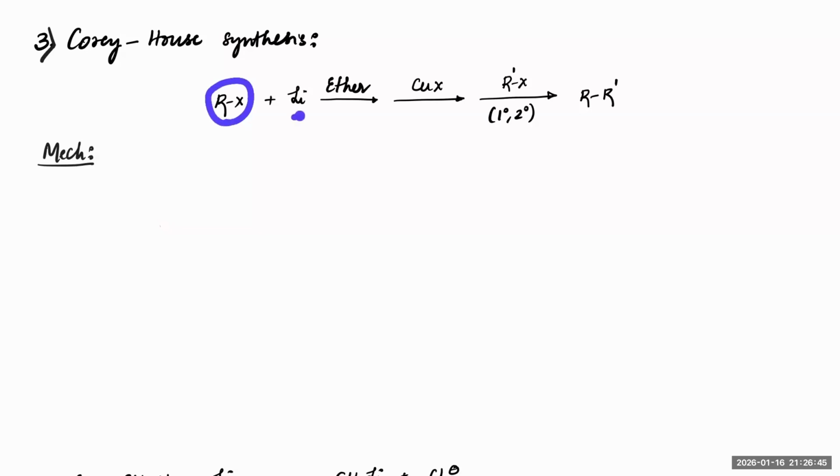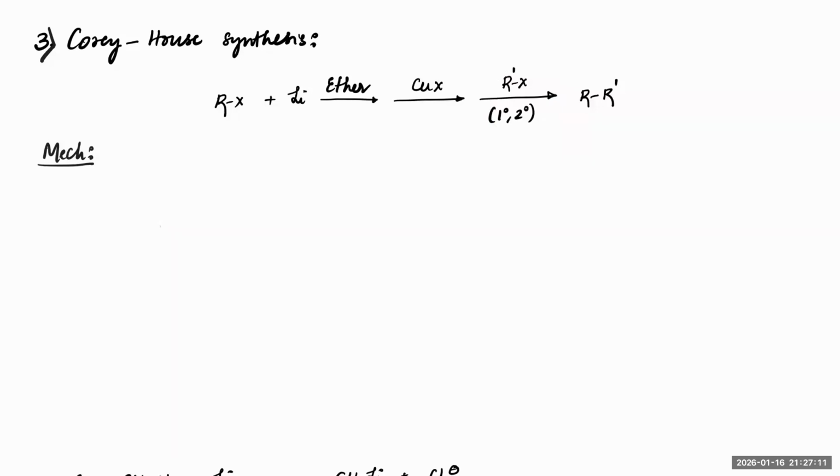So if I take alkyl halide with lithium in the presence of ether, and then add some cuprous salt, and thereafter you can react with any alkyl halide, which generally are 1 degree and 2 degree alkyl halides, then you'll end up getting alkanes. This is what we call Corey-House synthesis.